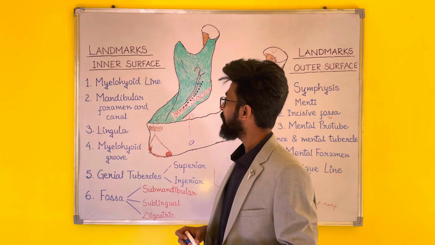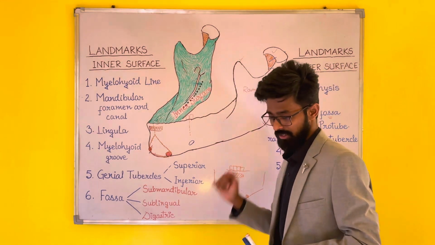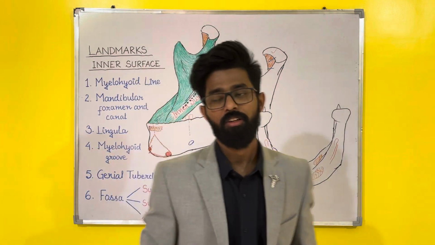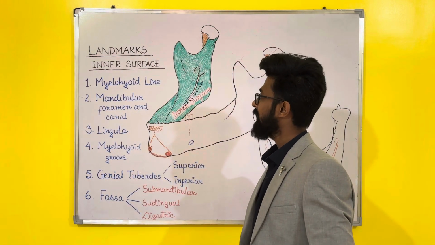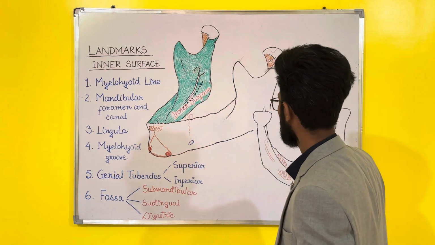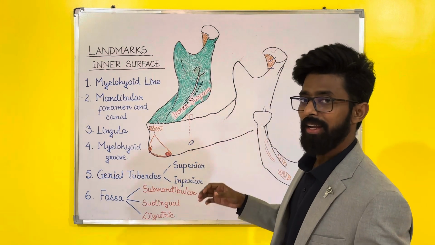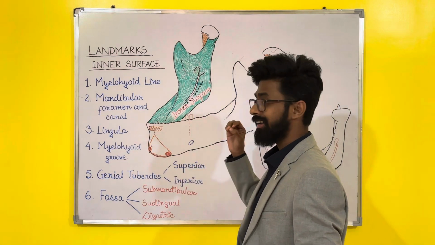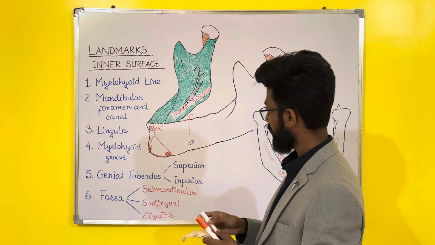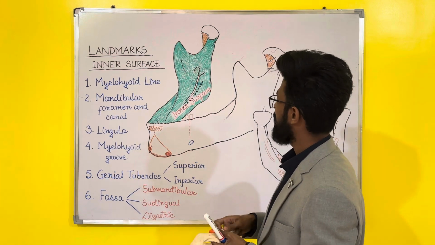Next, moving to the landmarks on the inner surface. The first is the mylohyoid line. The mylohyoid line is a sharp groove present on the inner surface of the mandible that runs obliquely downwards and forwards.